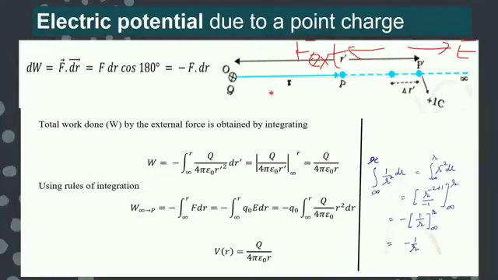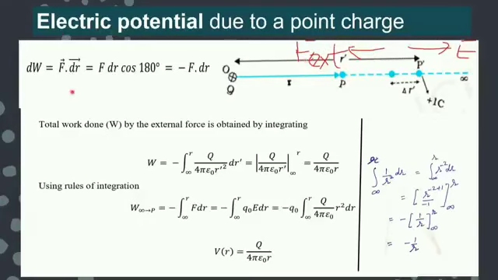Which I was saying, the field due to this positive charge is in the outward direction. I want to bring this point from one point to another. For that I am applying the force in this direction. So the angle between the field and the external force is 180 degrees. The repulsive force is acting in the same direction as E, and my external force I am applying in this direction, or dr is in this direction.